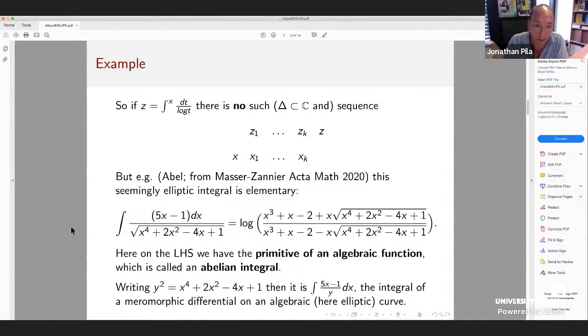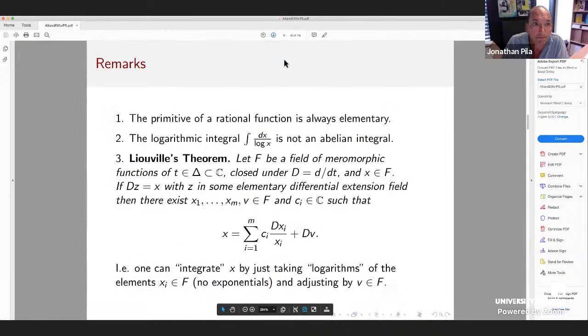And here that's the elliptic curve, y squared equals x to the fourth plus etc. And in general, you can go backwards and forwards between those things. Every integral of an algebraic function can be rewritten as an integral of a meromorphic differential on an algebraic curve.